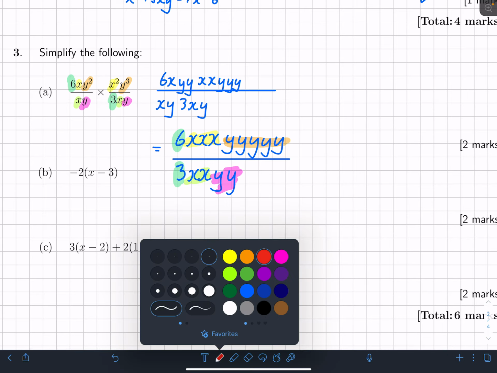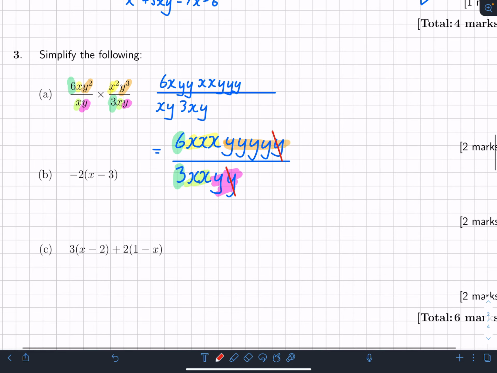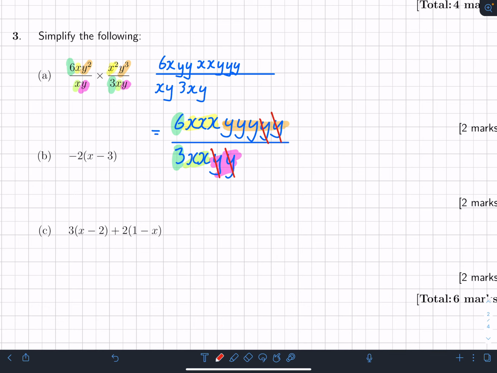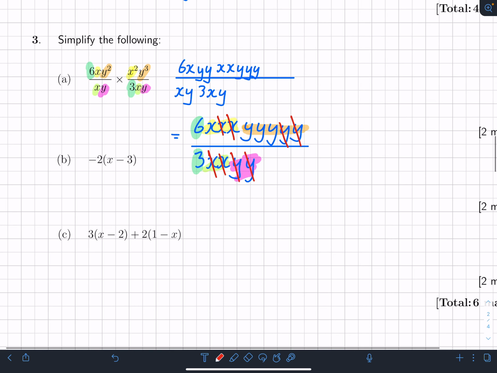We want to just look at the same for the numerator and denominator. So that's cancelled. Another y is cancelled. Now we cancel an x, another x, and our 6 over 3 will cancel down to 2 over 1.